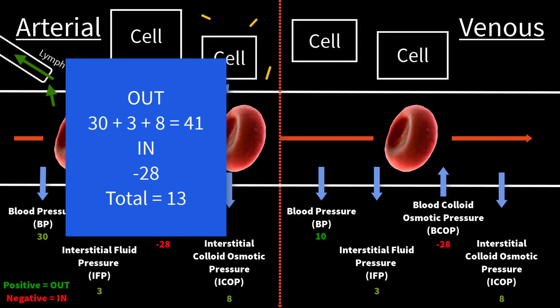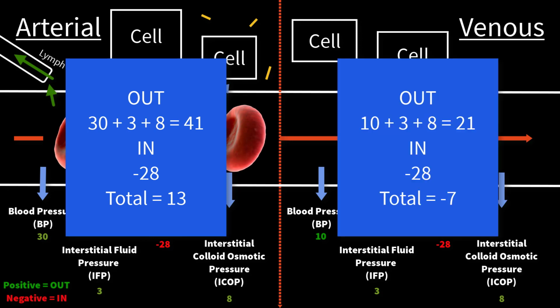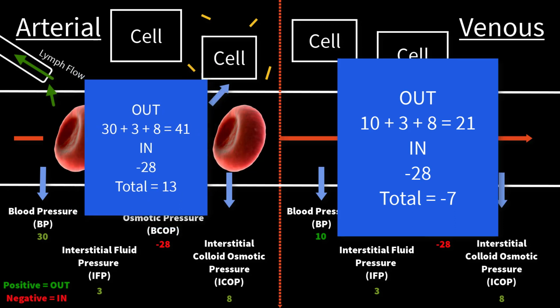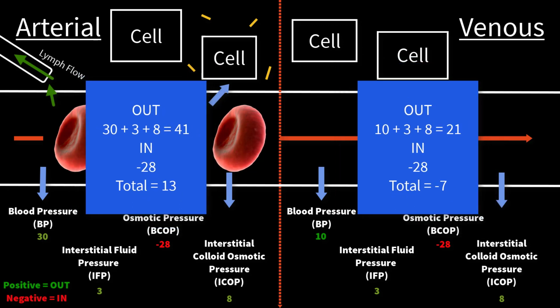We have a positive number. Now compare that to the force on the venous end. When we add the positive numbers, we get 21. We compare the difference to the negative 28 that is going in, and we see that the result is negative 7. In other words, the forces moving in are going to win on the venous end.